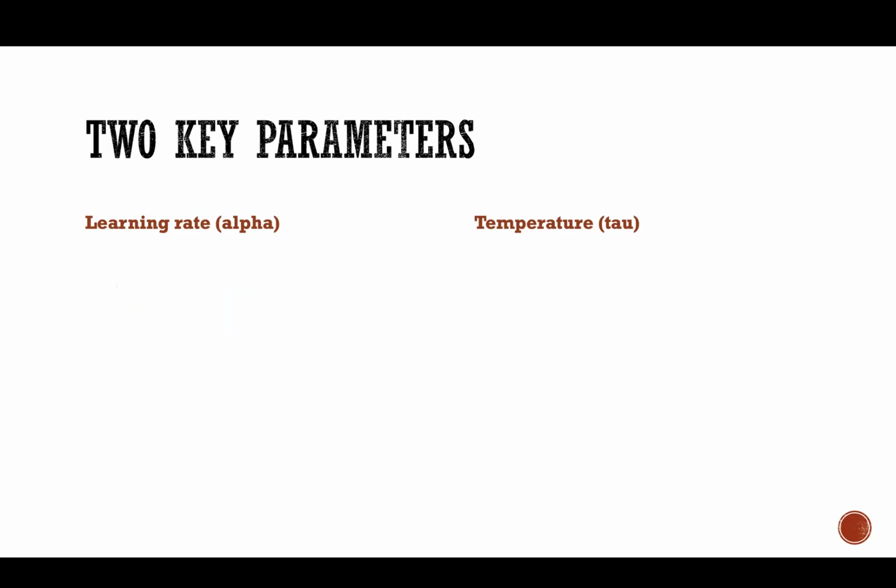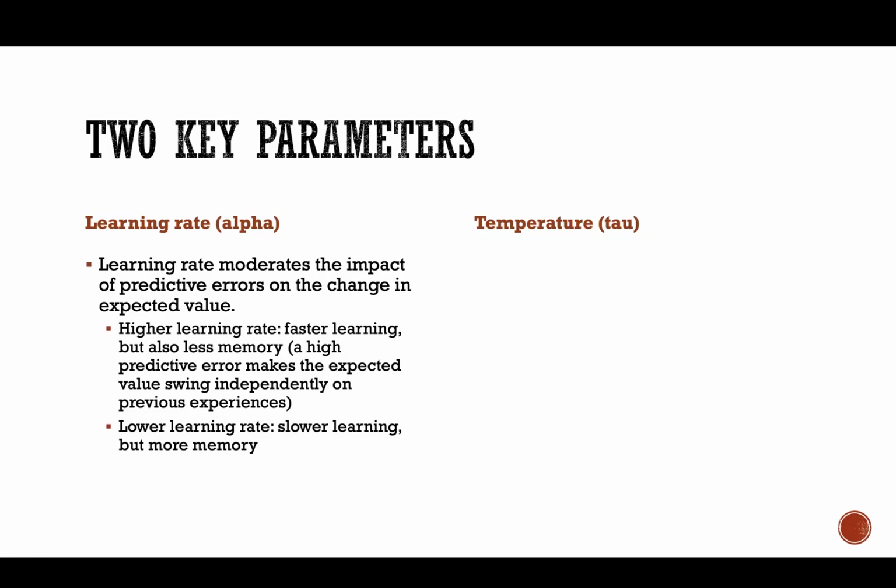If it has a high learning rate, it adjusts it almost as much as the feedback is saying, otherwise less. So higher learning rate, faster learning, but also less memory, right? Because if you're weighting the incoming input a lot, automatically you put relatively less weight on the past. This makes the expected value swing independently of previous experience.